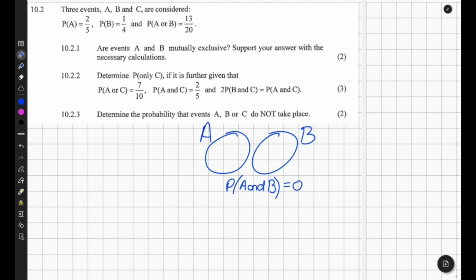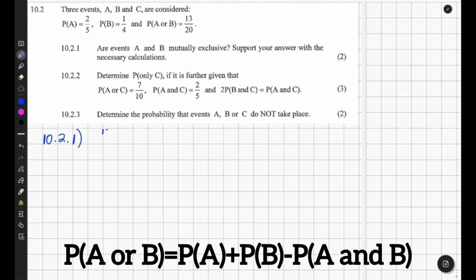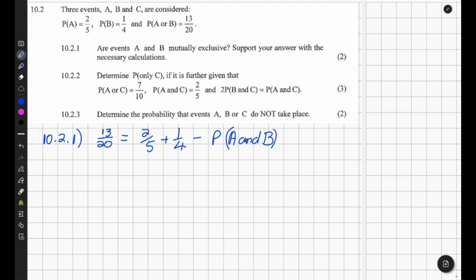So that's what I'm going to look for, but they don't make it easy for me. I'll have to use a formula to get that. So the formula is on your formula sheet, luckily, so you can just sub in. And the formula says P(A or B), so 13 over 20, is equal to P(A) plus P(B) minus P(A and B). Like I said, it's on your formula sheet.